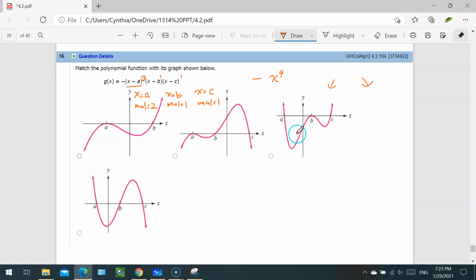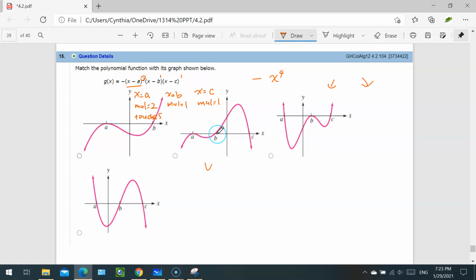So if you look at the options here, we know this would be the solution. And it passes through a. When the graph comes to a, because the multiplicity is 2, the curve touches the x-intercept when x equal a.